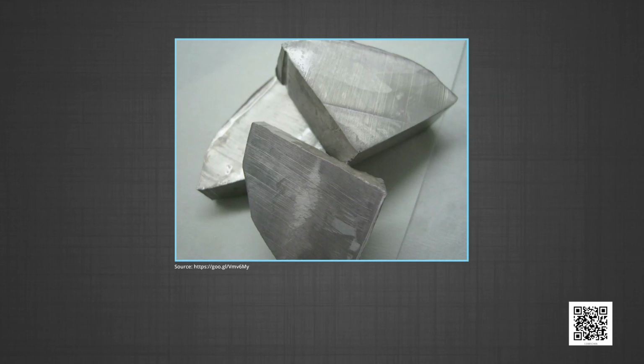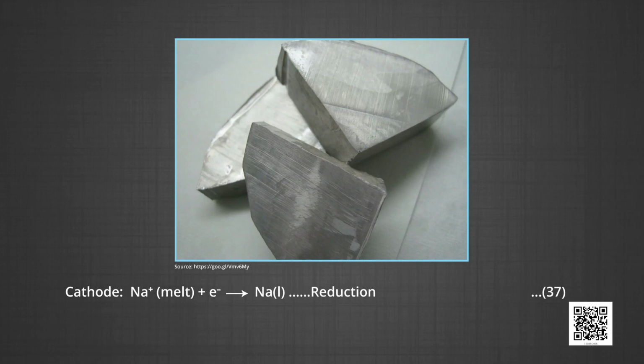Following reactions take place in case of electrolysis of molten sodium chloride. At the cathode, sodium ions from the melt combine with electrons to form sodium metal, that is reduction, and at the anode, chloride ions from the melt release electrons and form chlorine gas, which is oxidation.